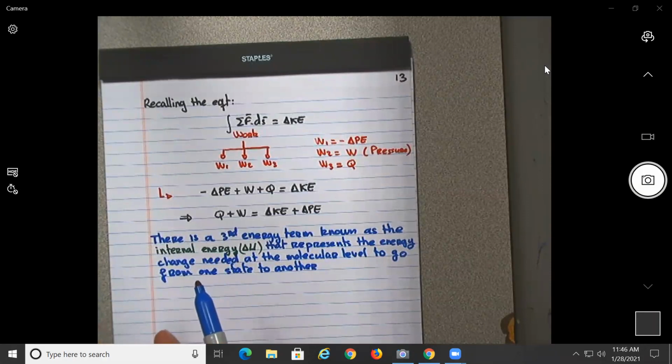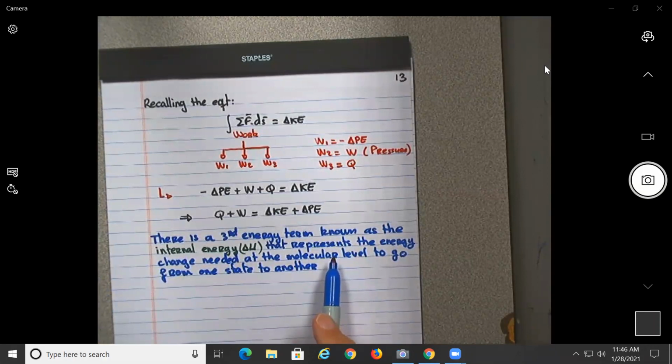energy is used. Okay? What is that energy coming from? It's coming from the substance itself. All right? So in order to change its molecular geometry, if you want, the substance needs to use some of its internal energy. Does that make sense? Okay?